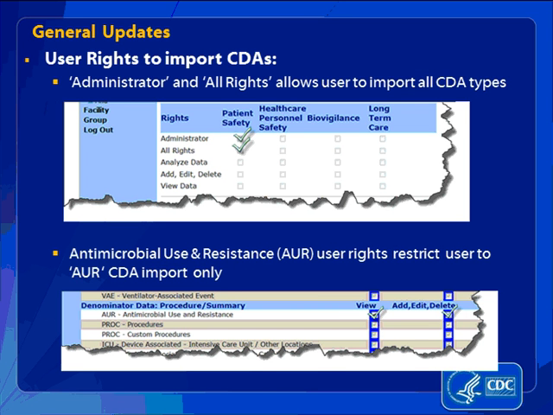For antimicrobial use and resistance, the user rights restricted user to AUR CDA import only. This is primarily used for pharmacists and so on that are only interested in the antimicrobial use and resistance. So just give your help desk a heads up so they can help your facilities better correct their rights for the users.